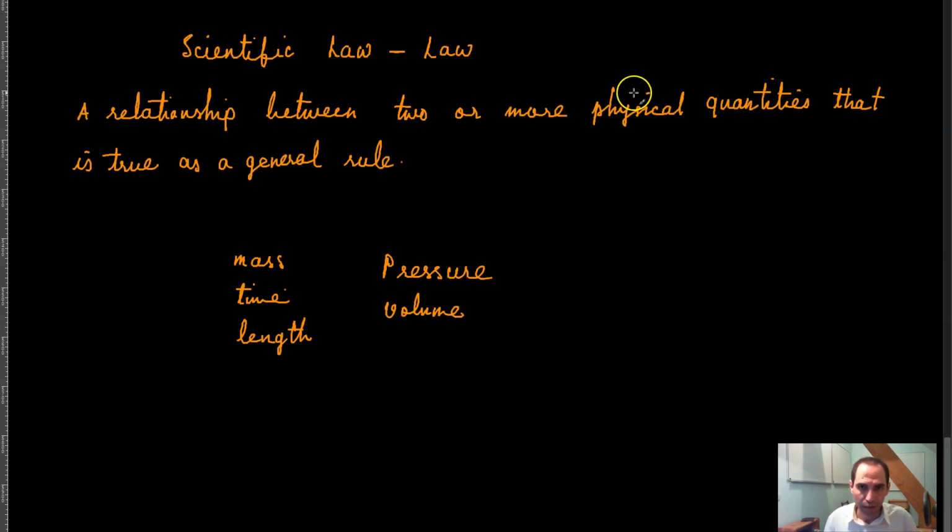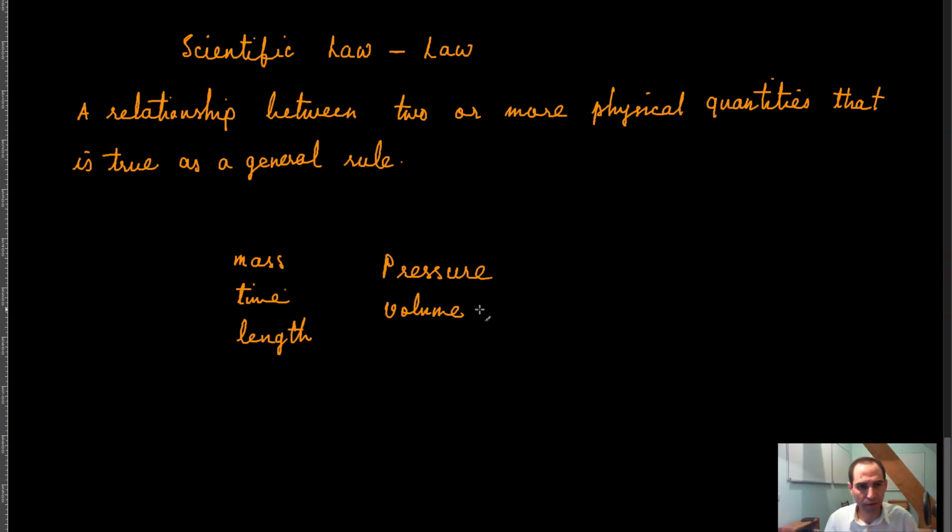And when you call something a scientific law, it has to be a general rule, meaning that, for example, in the context of gases, it has to apply to all kinds of gases.